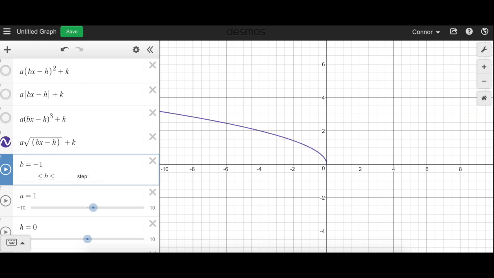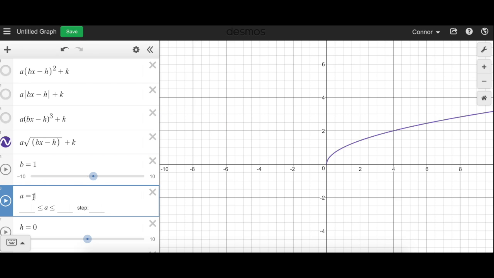If I were to make this negative, it reflects across the y-axis because you are making the horizontal values negative now. And if I were to make the a value, which is the vertical variable, negative, it would flip across the x-axis because you are making the y values negative.